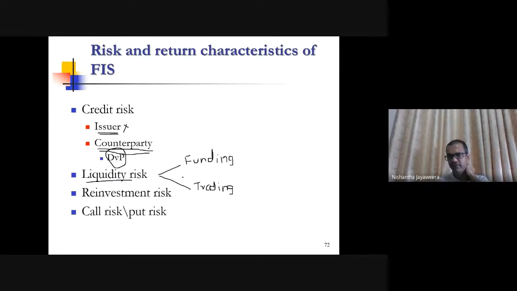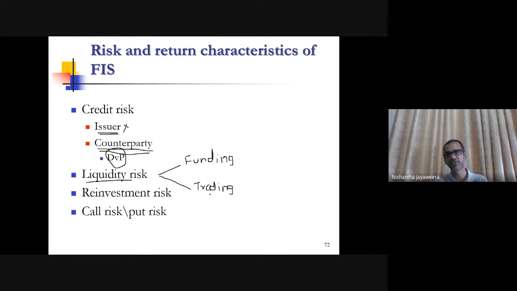One is funding. If you can borrow from another party quickly and in adequate amounts, then you are liquid. So you can borrow quickly and honor your obligation. So that is funding. What is trading?